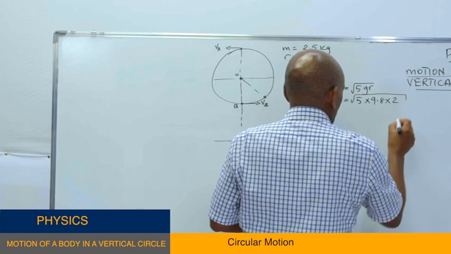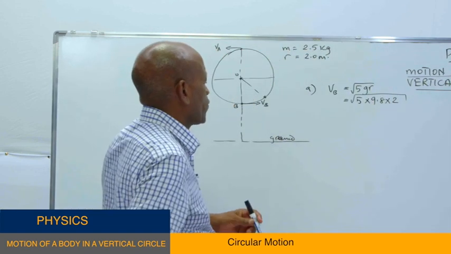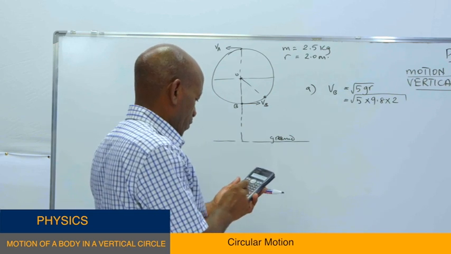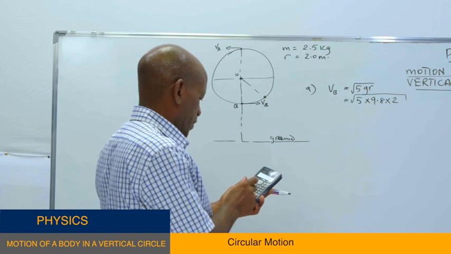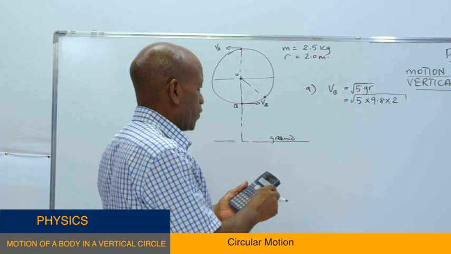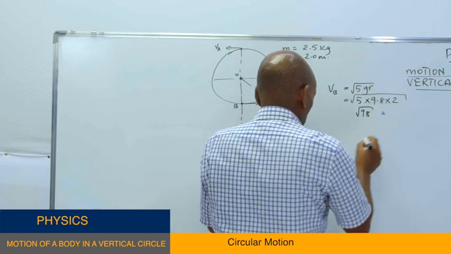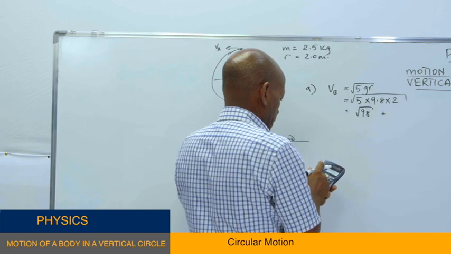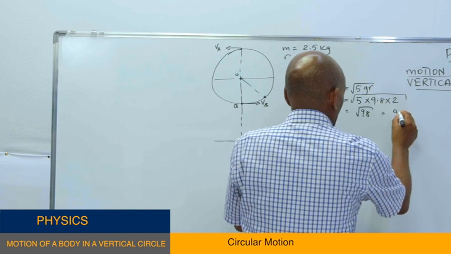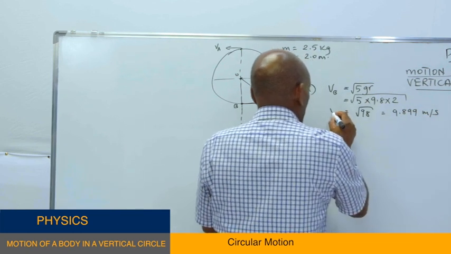So we're looking for the square root of 5 times 9.8 times 2. We're going to get 98. The square root of that is 9.899 meters per second. This is the velocity.